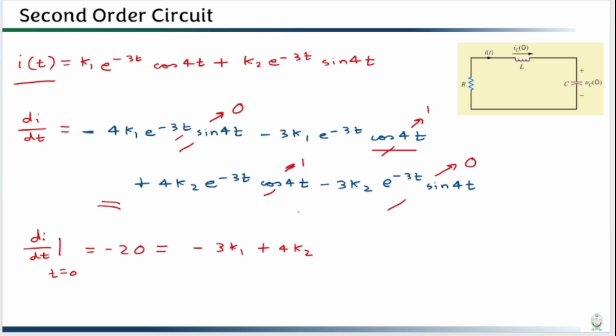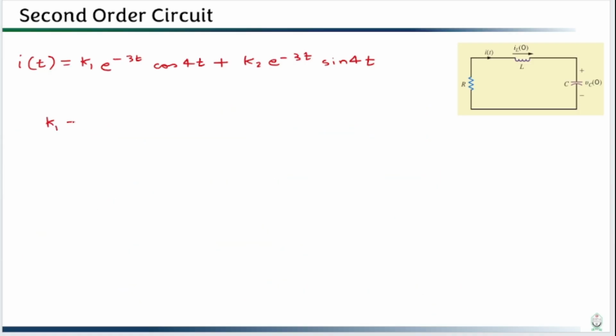We have already calculated k1 to be 4. So if we replace it with 4, we get minus 20 equals minus 12 plus 4 k2. Therefore, 4 k2 equals minus 8, and k2 becomes minus 2.